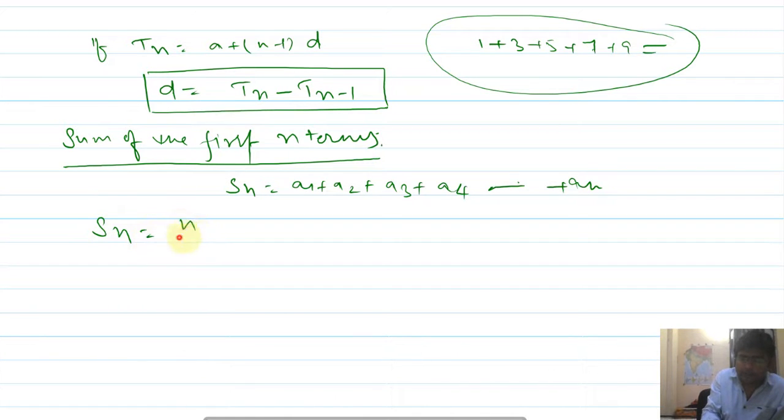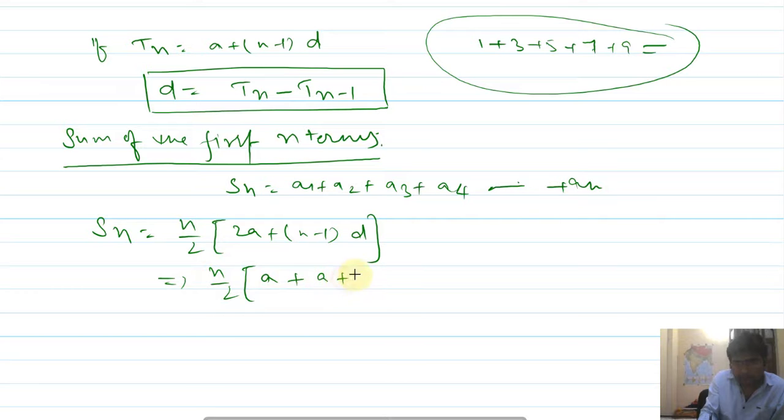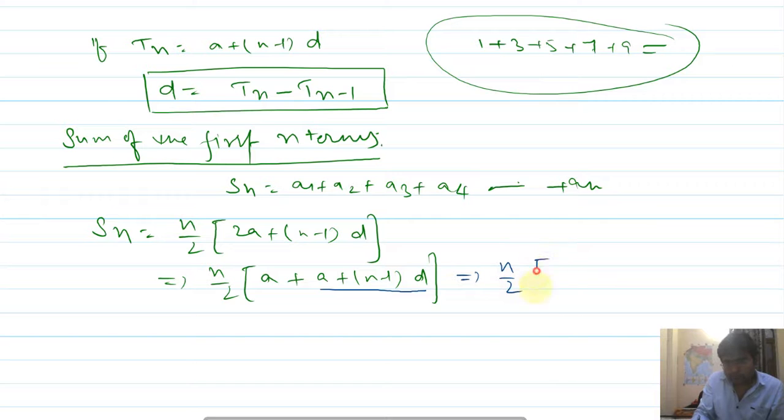Sn equals n by 2 into 2a plus n minus 1 into d. Also you can write n by 2 into a plus a n, where a n is the last term, so n by 2 into a plus l.